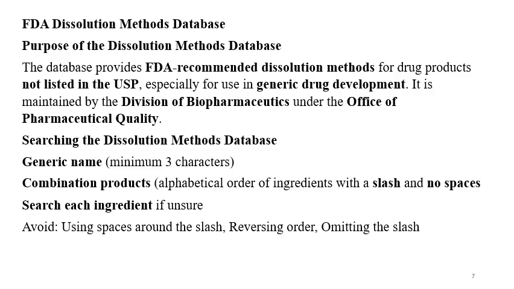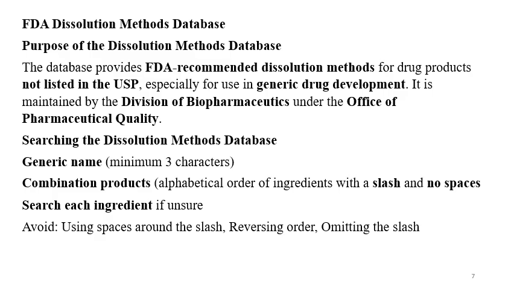The purpose of this database is to provide FDA recommended dissolution methods. So directly you can use these methods, but always know that you need to prove the discriminatory power of the dissolution method. Then it provides the dissolution method for the drug products which are not listed in the USP.